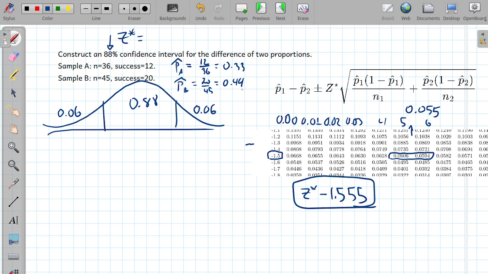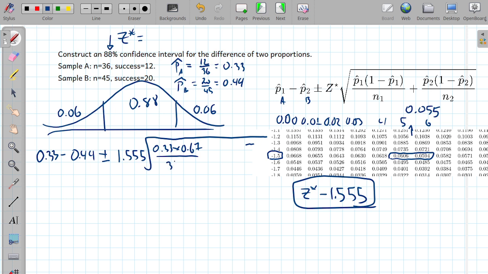I'm going to leave it as A minus B here just to show you the negative stuff. So we're going to have 0.33 minus 0.44 plus and minus our critical number, which is 1.555. And then we need this big square root: 0.33 times 0.67 divided by 36.